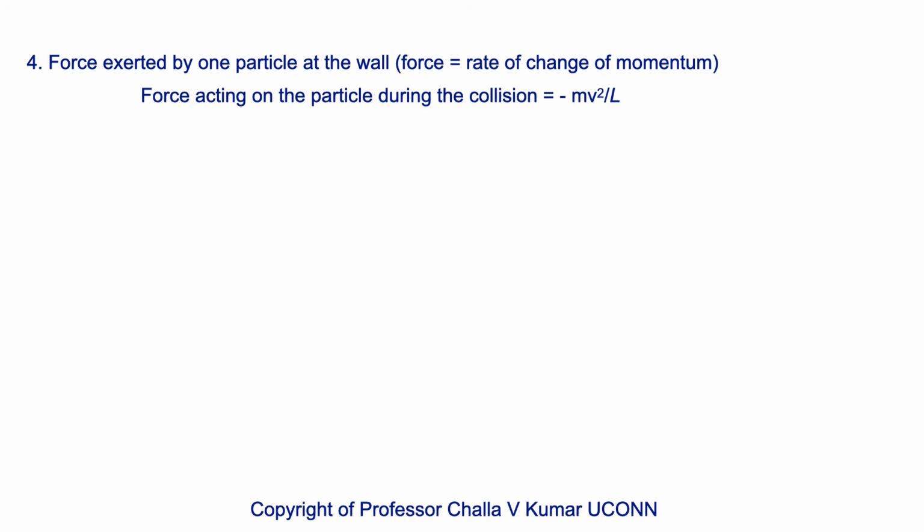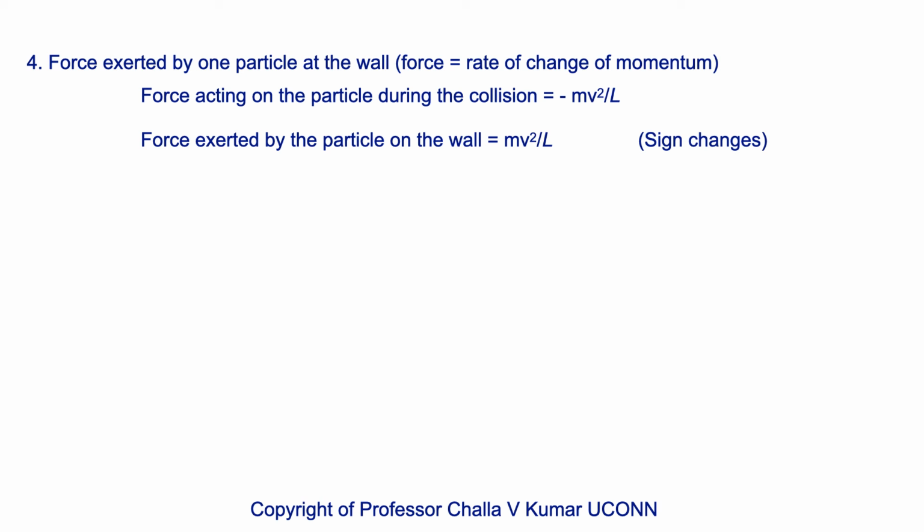Remember, this is minus mv squared over L, the force acting on the particle exerted by the wall. As the particle collides, it's bounced back, so the force acting on the wall is exactly opposite to the force acting on the particle. Therefore, the force exerted by the particle on the wall is now plus mv squared over L. So the sign is changing here.